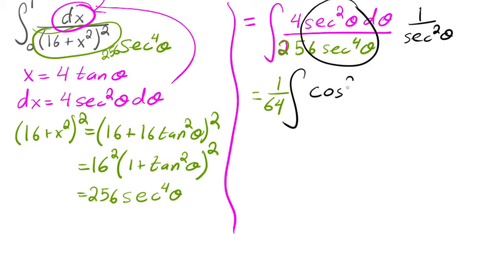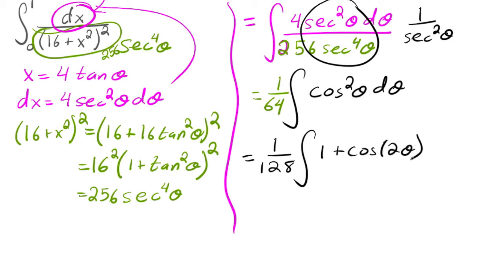So this is cosine squared theta d theta. Then I use the trig identity for this, which is 1/2 times 1 plus cosine of 2 theta. So this is going to be 1 over 128, 1 plus cosine of 2 theta, d theta.